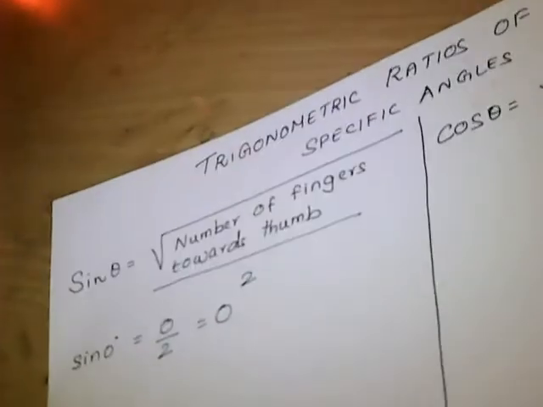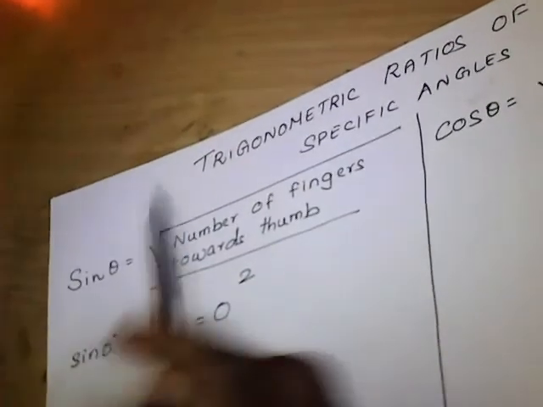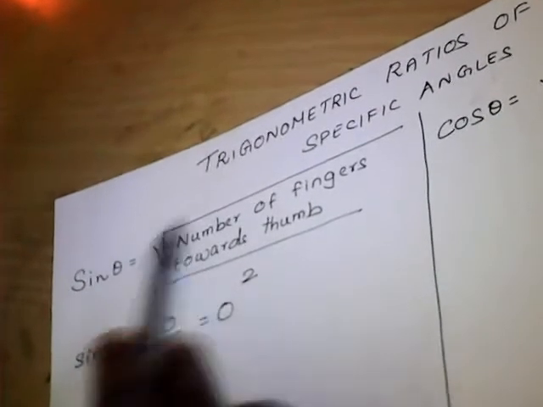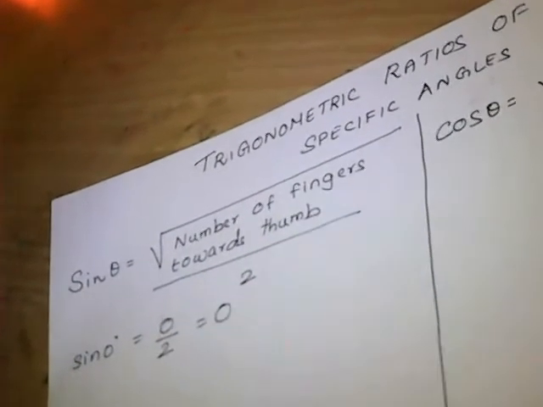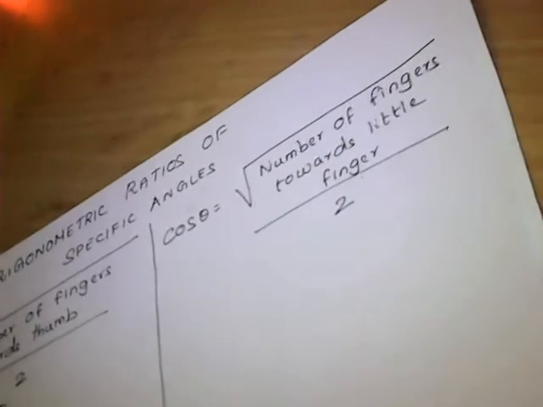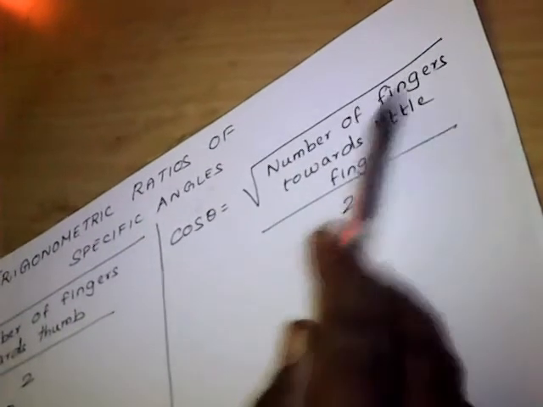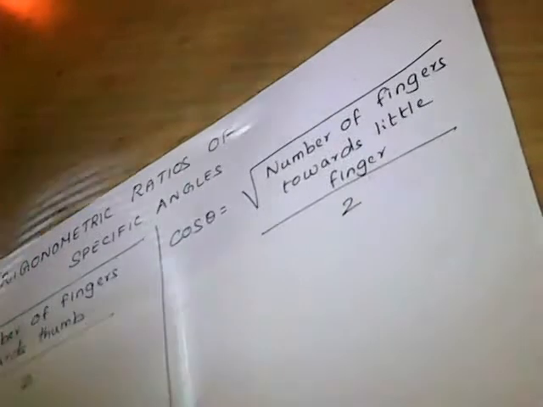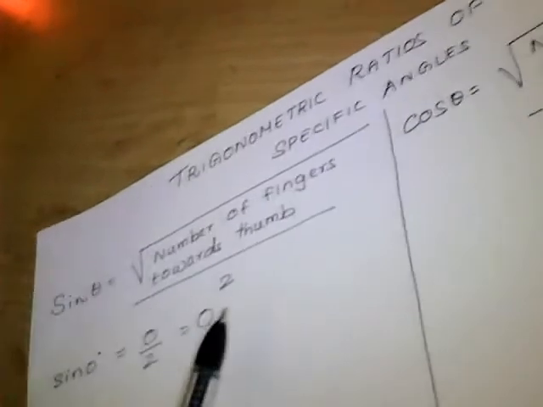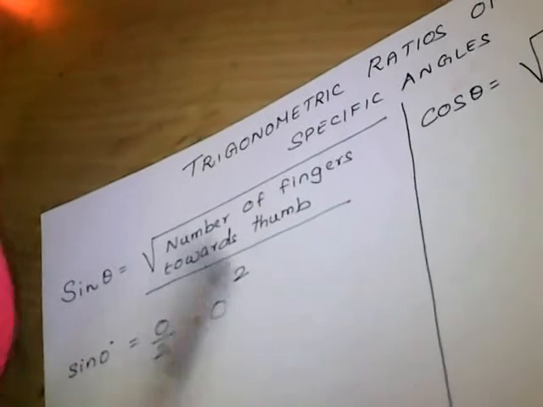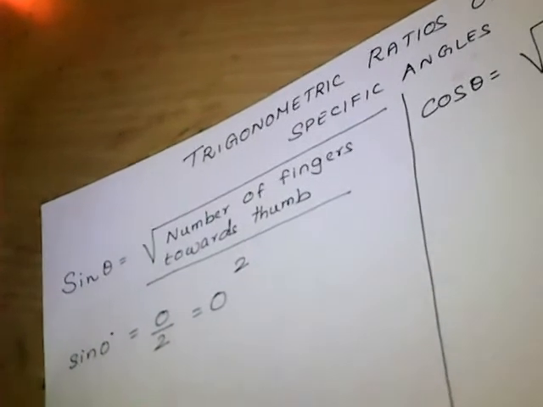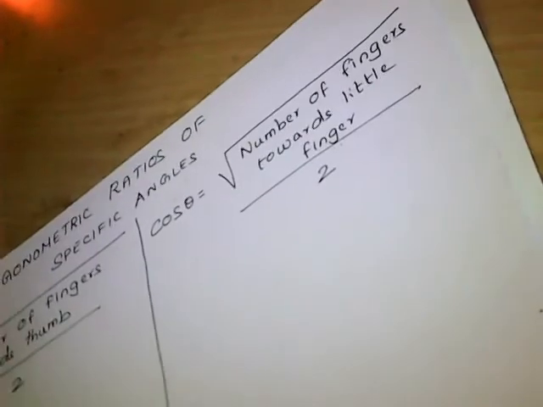You can see my paper: sin theta is nothing but root of the number of fingers towards the thumb divided by 2, whereas cos theta is nothing but root of the number of fingers towards the little finger divided by 2. This formula you should remember.